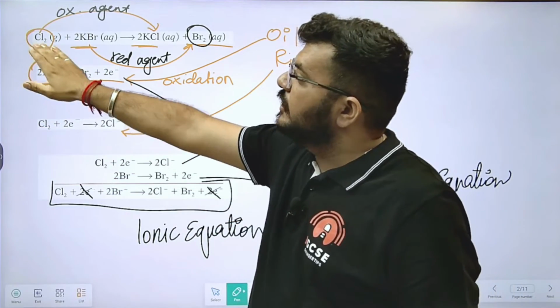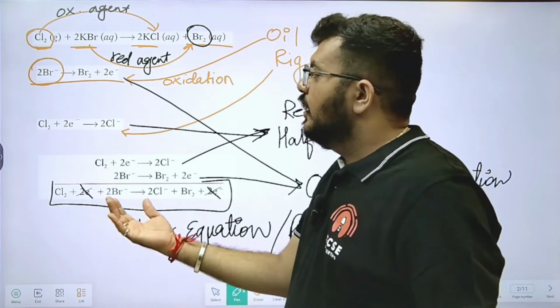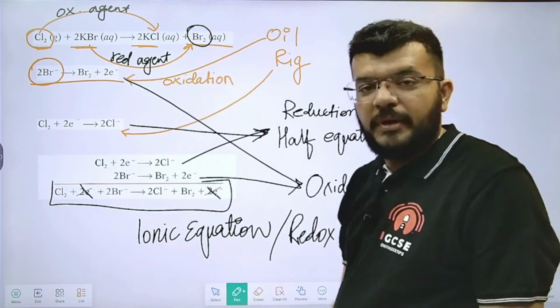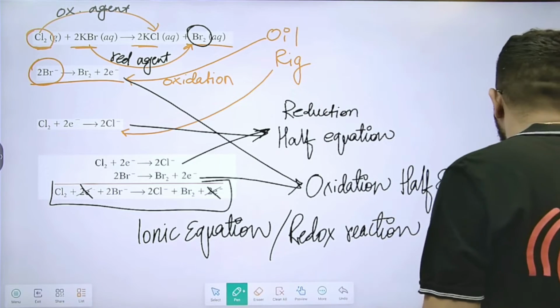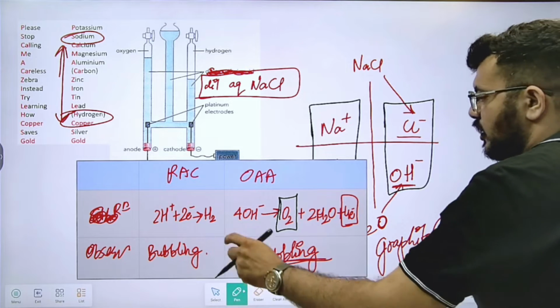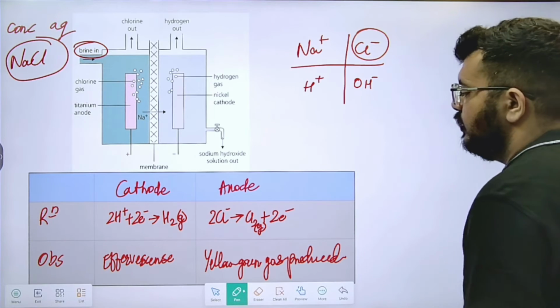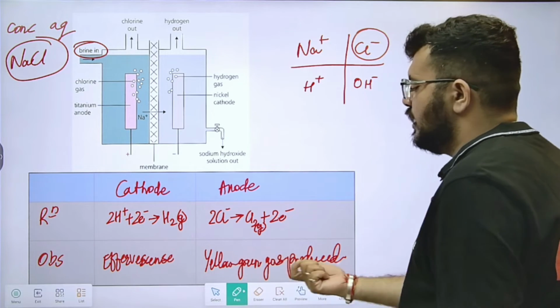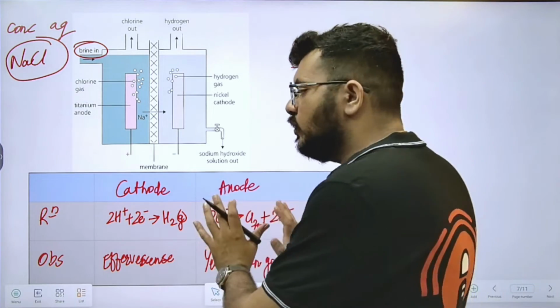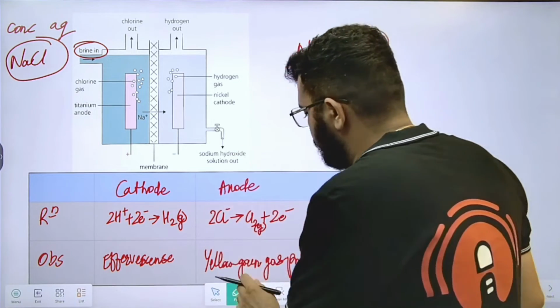You will see that the yellow green color fades and the solution becomes brown in color because there is bromine now in the solution. This is also a question they can ask in your exams, and this is how you can answer that question. So yellow green gas is produced. That is your observation. I hope you understood the reactions for electrodes.